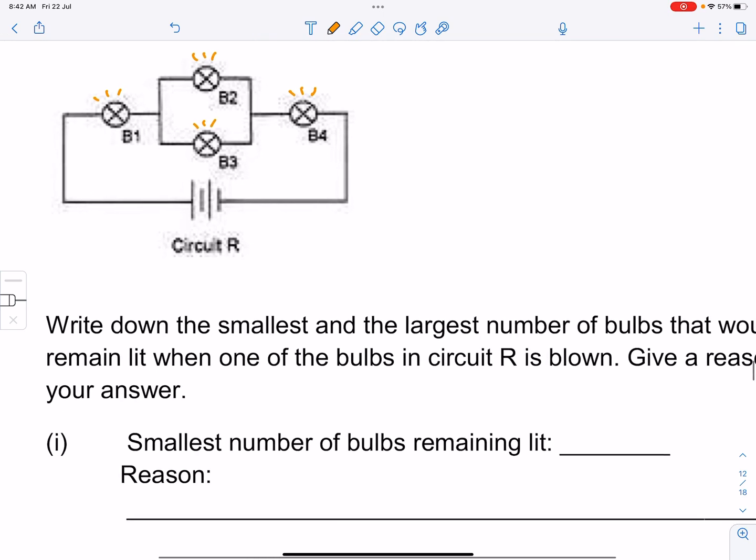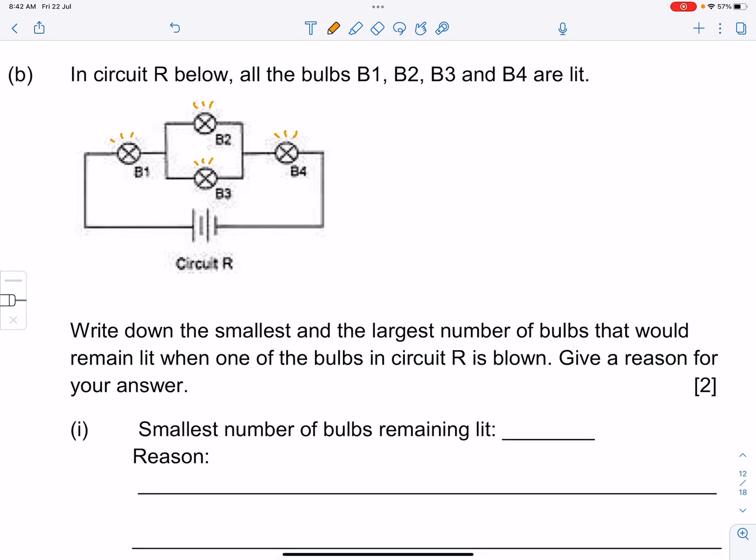Okay, now write down the smallest and largest number of bulbs that would remain lit when one of the bulbs in circuit R is blown. Give a reason. So what this question is trying to ask you is to find out which bulb, when blown, will give you the largest remaining number of light bulbs being lit, and which bulb, when blown, will give you the least amount of light bulbs lit.